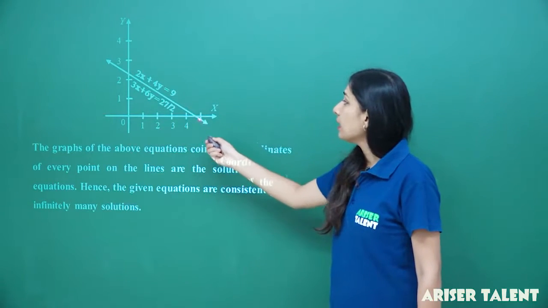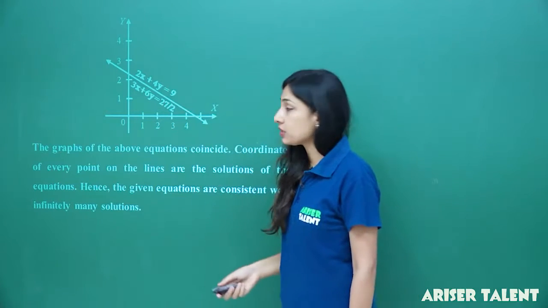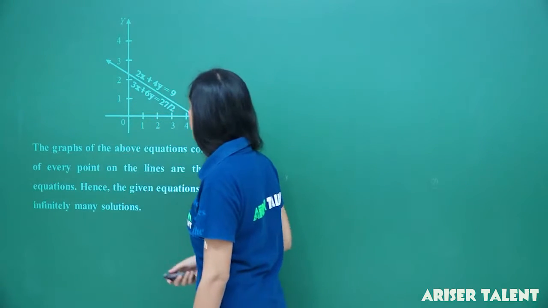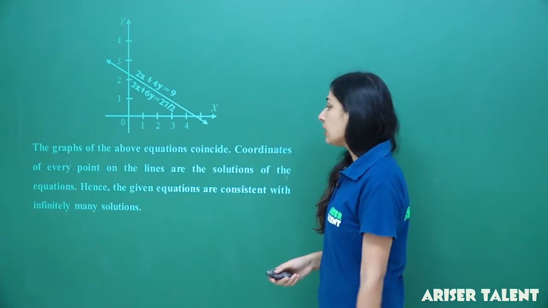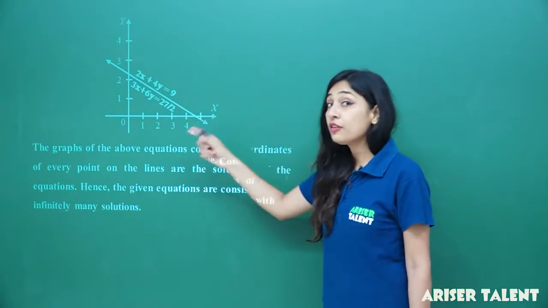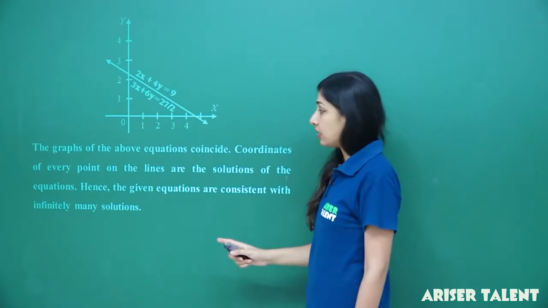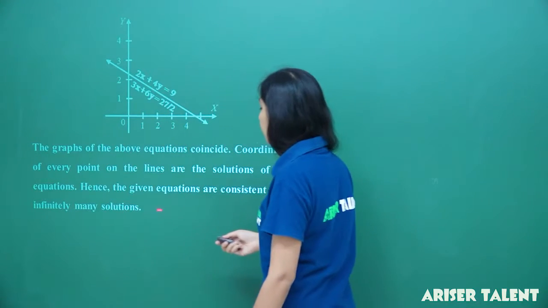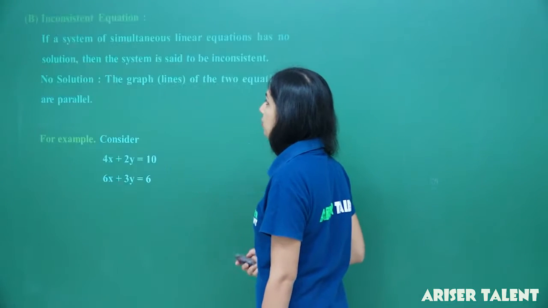This is the line which shows both the equations on the graph. The graphs of the above equations coincide. Coordinates of every point on the line are a solution, because every point on this line meets each other. So hence the given equations are consistent with infinite or many solutions.